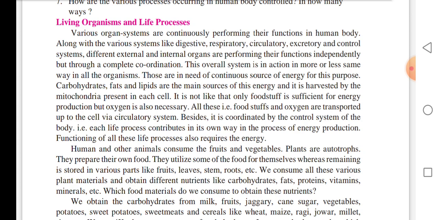Carbohydrates, fats, lipids are the main sources of this energy, and it is harvested by the mitochondria present in each cell. It is not like that only food stuff is sufficient for energy production, but also oxygen is necessary. Now this is a very important thing.